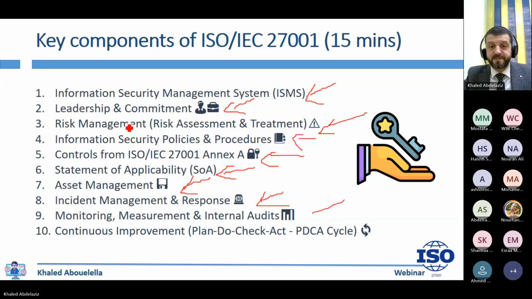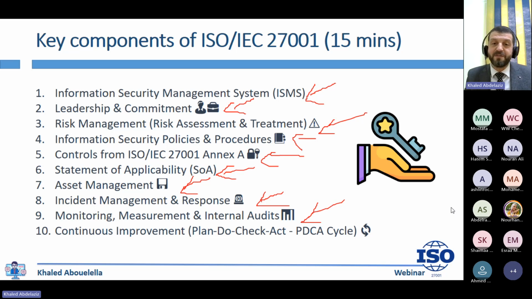Monitoring and measurement. Monitoring and measurement, also, this is not optional. This is a key component in any information security management system. Why? Because it's a requirement in ISO 27001. It's not an optional thing. It's a requirement.